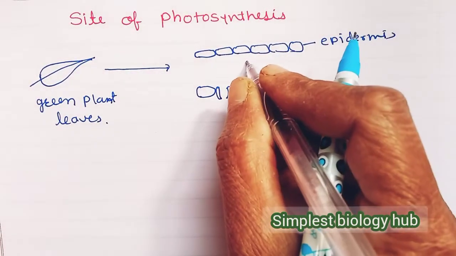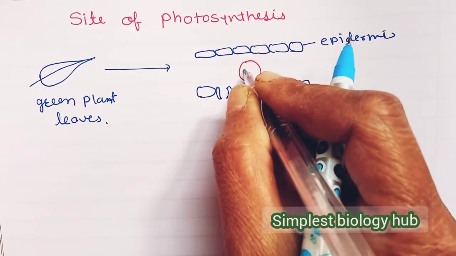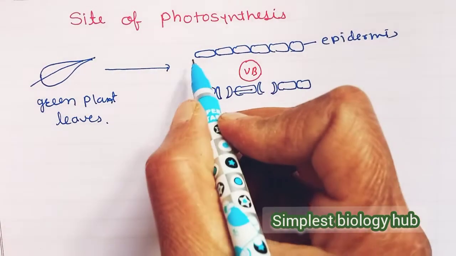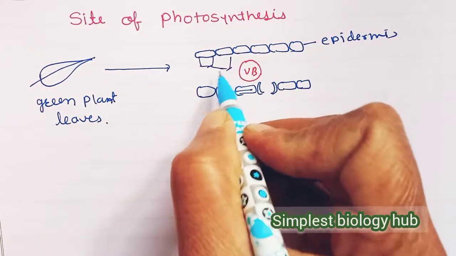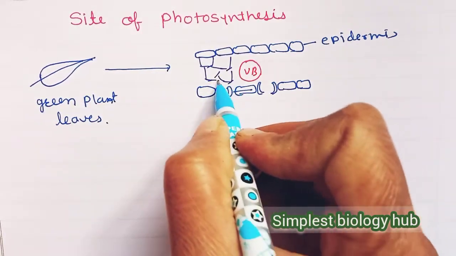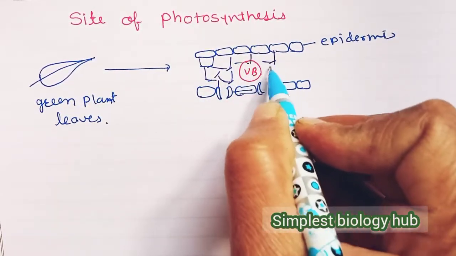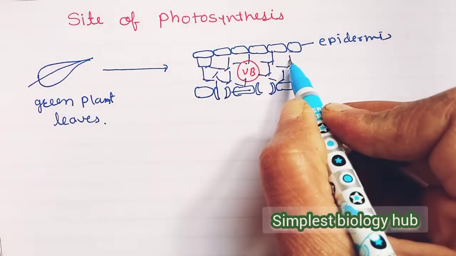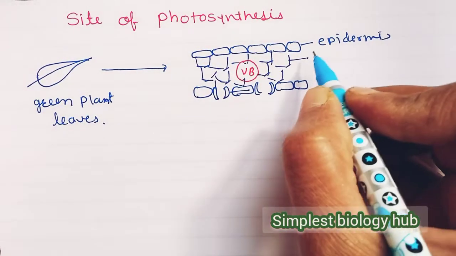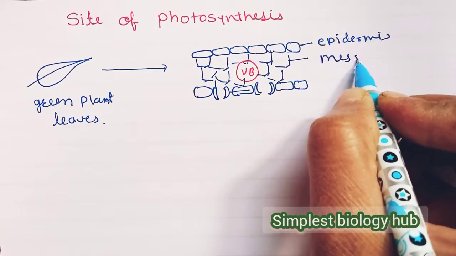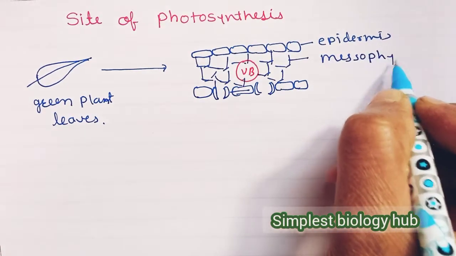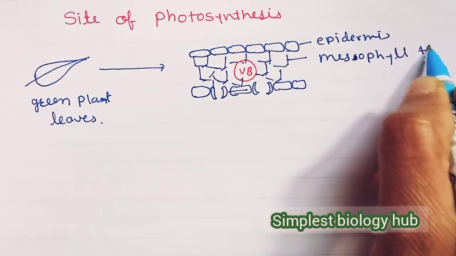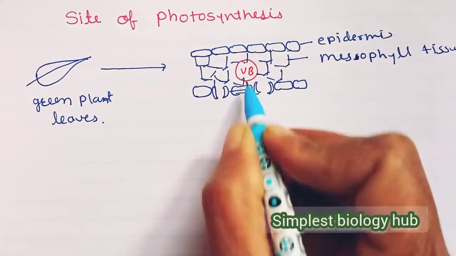In the middle of the leaf, a vascular bundle is located, that is the xylem and phloem tissues, and these tissues are responsible for the conduction of water and food materials. They are collectively called the vascular bundles, and these cells we call mesophyll tissue, with only one S, mesophyll tissue or mesophyll cells.